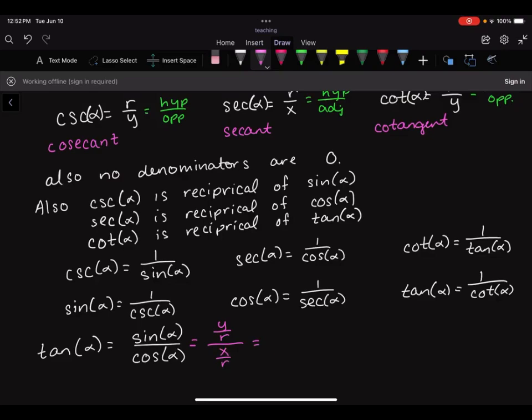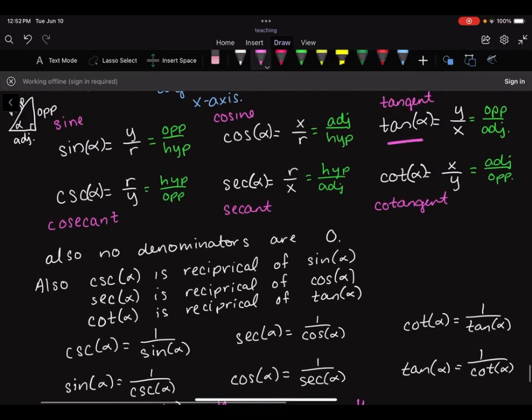If we simplify this, we get y over r times r over x. What I'm doing here is multiplying by the reciprocal. Remember, when you divide, that's the same as multiplying by the reciprocal. These r's would cancel out, and I'd be left with y over x, which is indeed true. That's what we get for tangent.